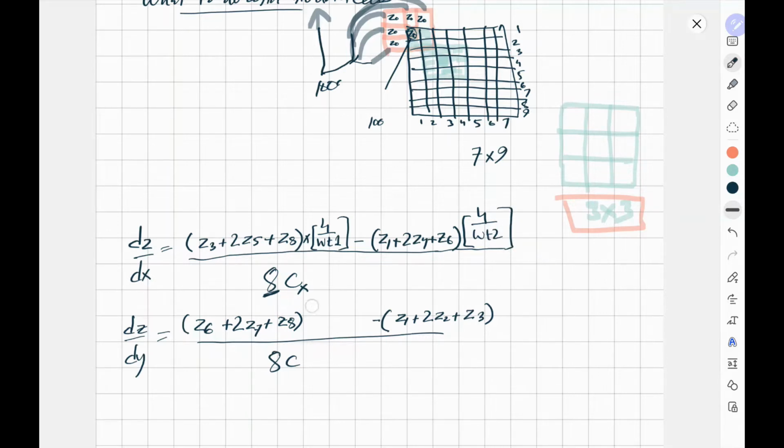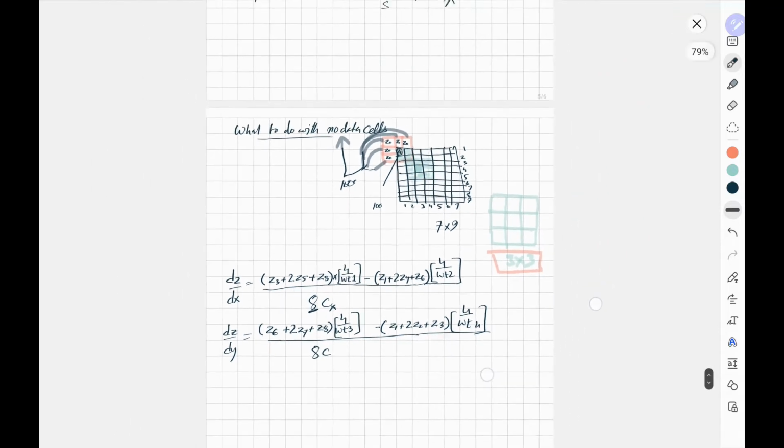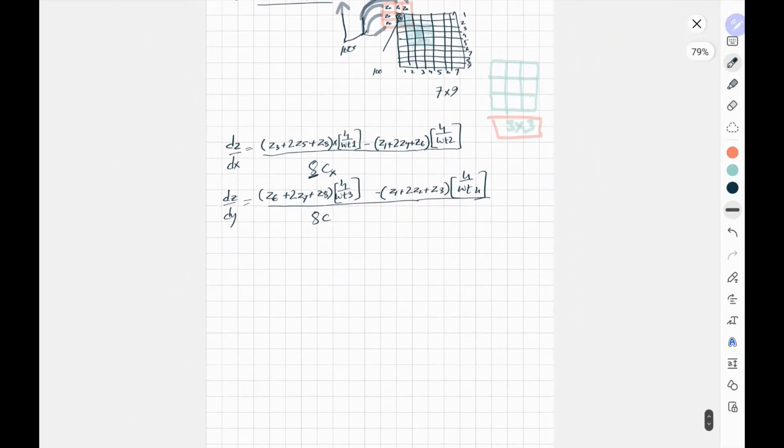What you do here is you multiply it with 4 divided by weight of 3, and what you do here is that you multiply it with 4 divided by weight of 4. Now what are these weight 1, weight 2, weight 3, weight 4?